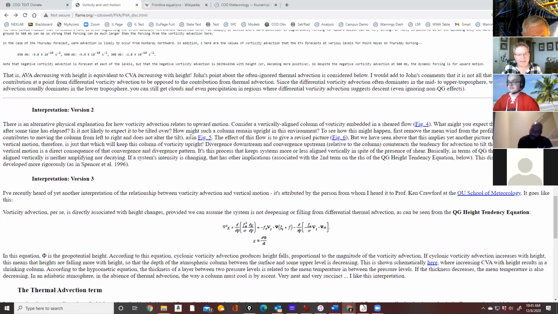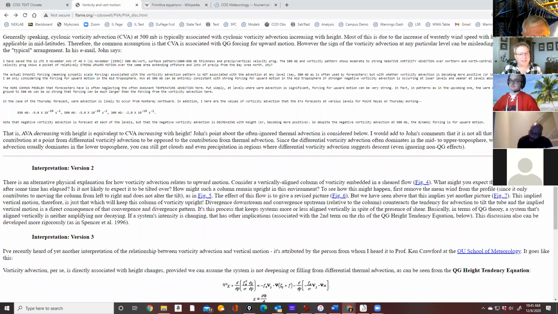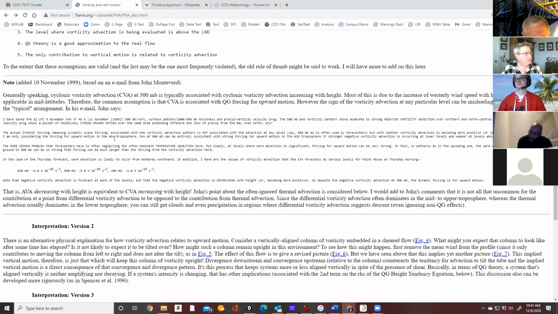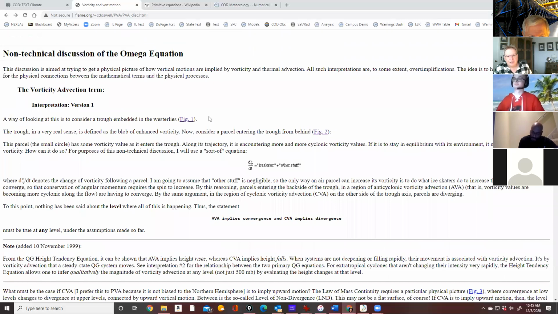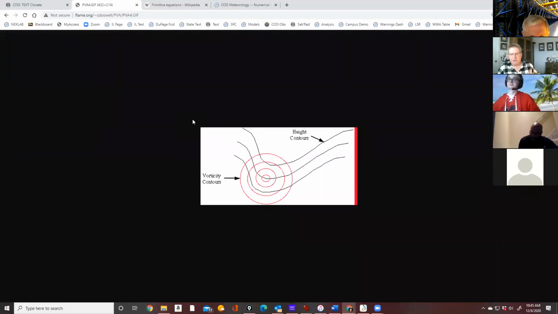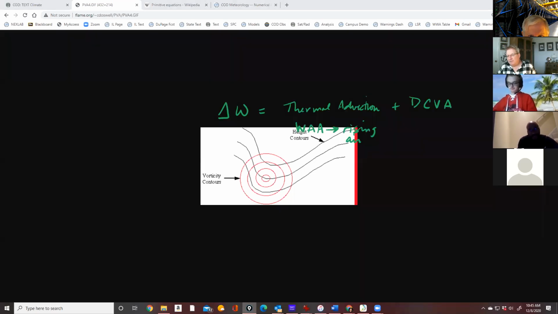But what it's saying is that in order to get this vorticity to spin up, it needs to be stretched. So we get a stretching in there. And the way that you're going to do this is if there's going to be advection. So basically what we are saying is this, and I'm going to finish it with this last thing. If all those assumptions are met, what that basically says is this.